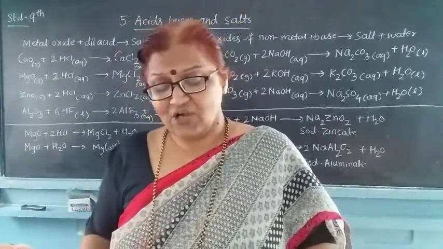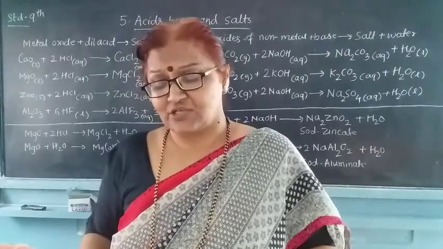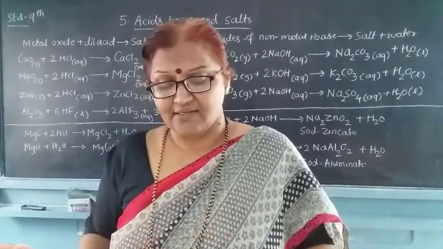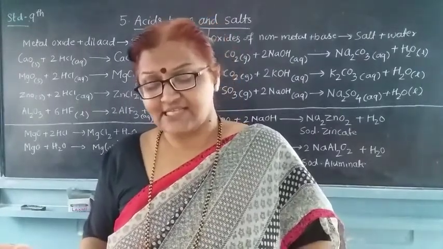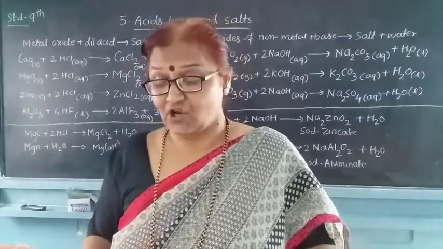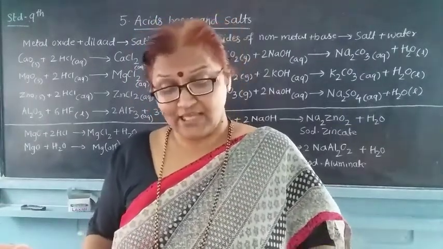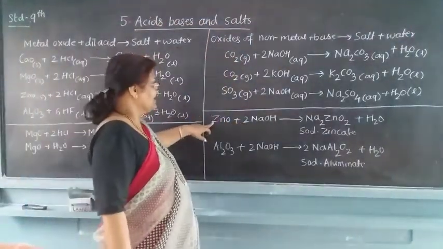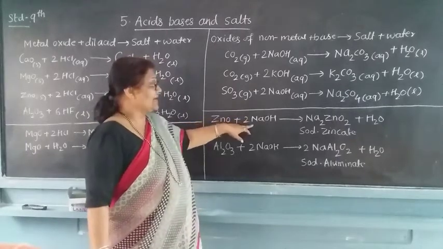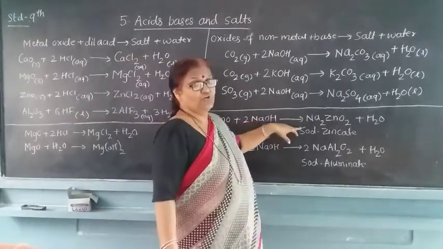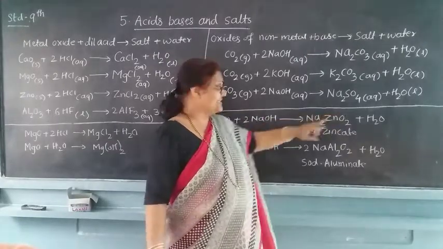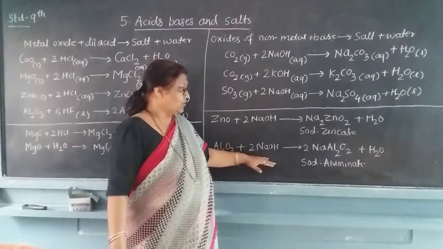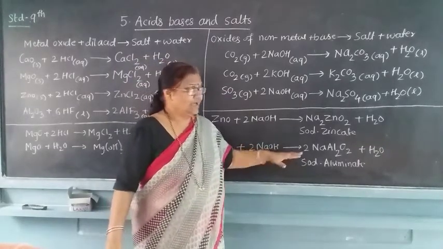Then see, zinc oxide reacts with sodium hydroxide to form sodium zincate and water. Similarly, aluminium oxide reacts with sodium hydroxide to form sodium aluminate and water. So these reactions are given here. Zinc oxide when it reacts with NaOH gives sodium zincate plus water, and when aluminium oxide reacts with NaOH, it gives sodium aluminate.